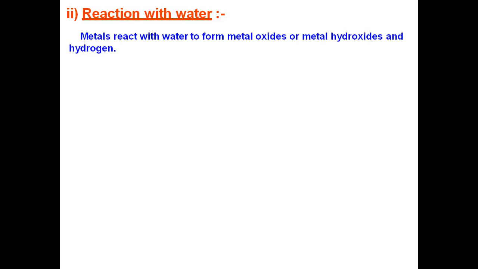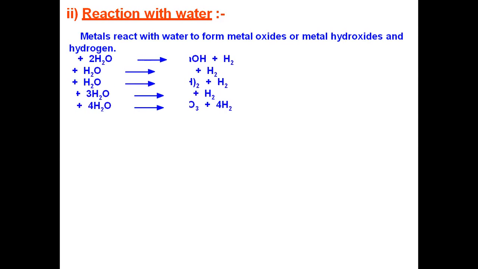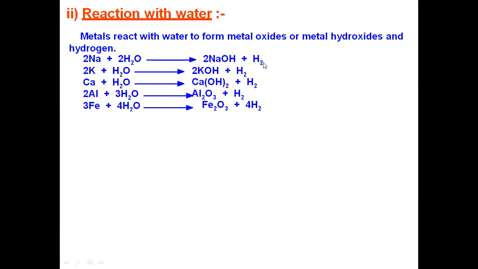When a metal reacts with water, you can see sodium reacts with water to give sodium hydroxide and hydrogen, potassium gives potassium hydroxide, calcium gives calcium hydroxide, aluminium gives alumina or aluminium oxide, and iron gives iron oxide.